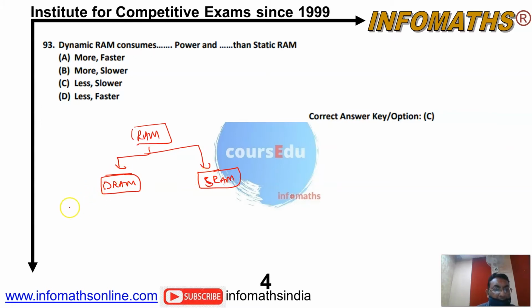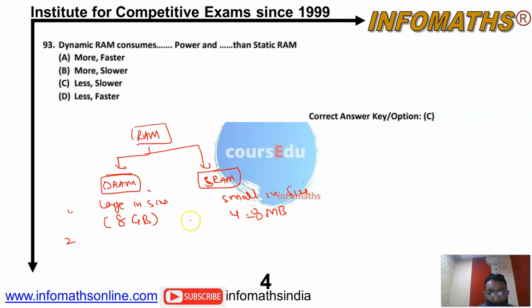Some feature properties of dynamic RAM are that it is large in size, while static RAM is small in size. Roughly, up to 8 GB of RAM is used, but we are still using 4 to 8 MB of cache memory. It is very fast because it is made up of transistors.